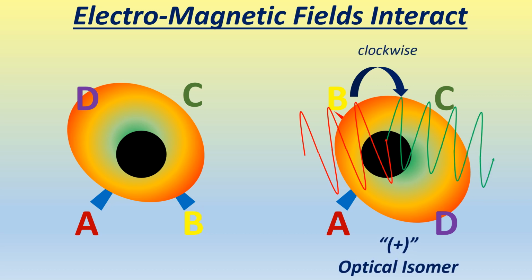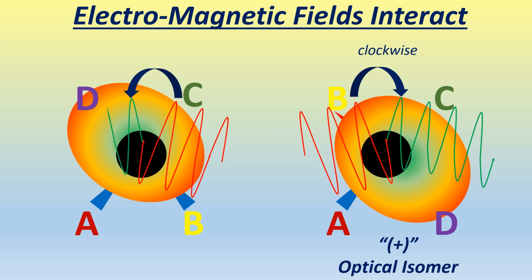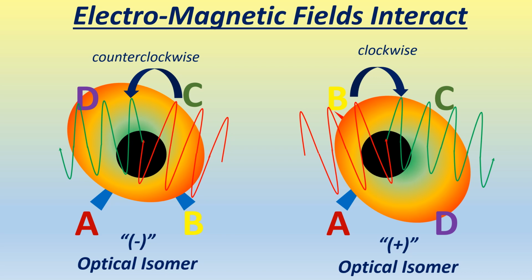This is called the positive optical isomer. In the mirror image, the stronger electric field is to the left of the viewer, so the light will be pulled in a counterclockwise direction, forming the negative optical isomer.